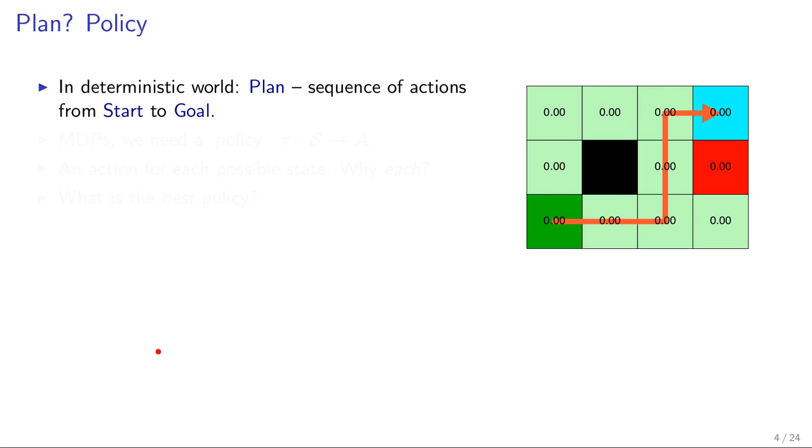Why is a sequence of actions not enough in this case? The world is now stochastic. When I tell the agent to go from here to here, it may, but it may also not go there. So if my sequence of actions is right, right, up, right, and I hope to be in the blue square, which has the reward, why is this not enough?